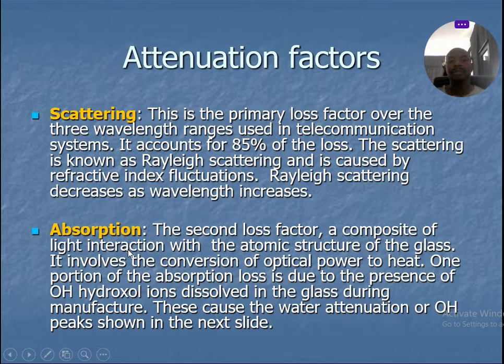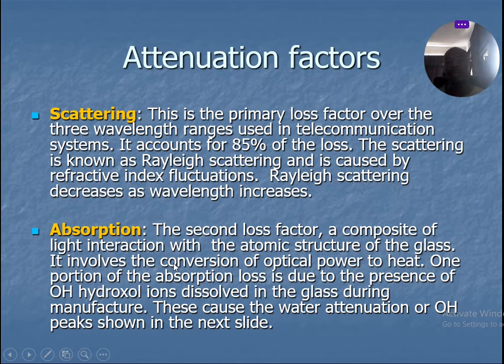Now the second one is absorption. What is absorption? Absorption is the second loss factor that is found in the signal or power that's propagated or transmitted through an optical fiber, right? It is a composite of light interaction with the atomic structure of the glass. This absorption comes about as a result of the light itself.